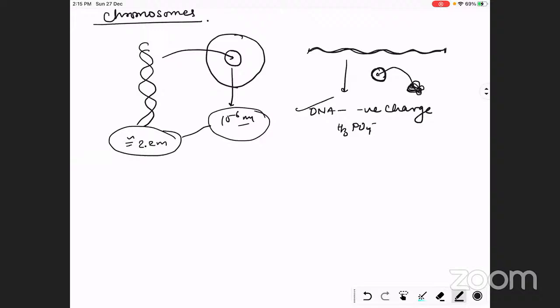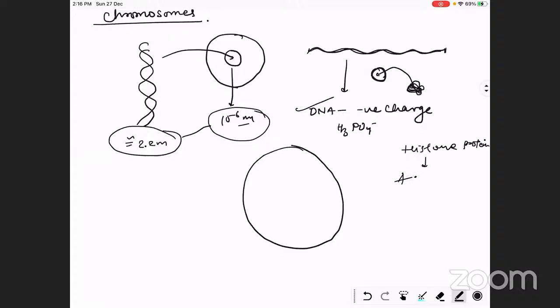एंड हमारे पास एक और प्रोटीन होता है जिनको हम बोलते हैं हिस्टोन प्रोटीन। This histone protein is made up of arginine and lysine residue.